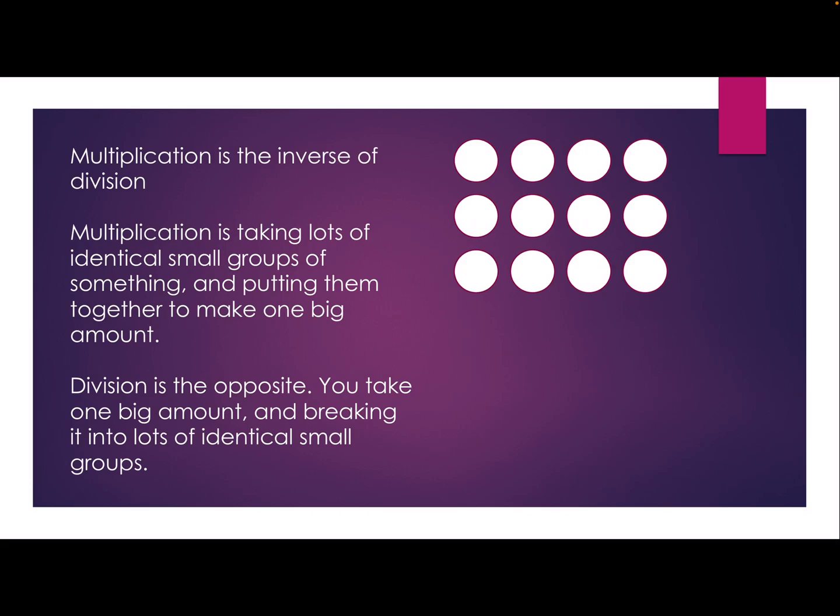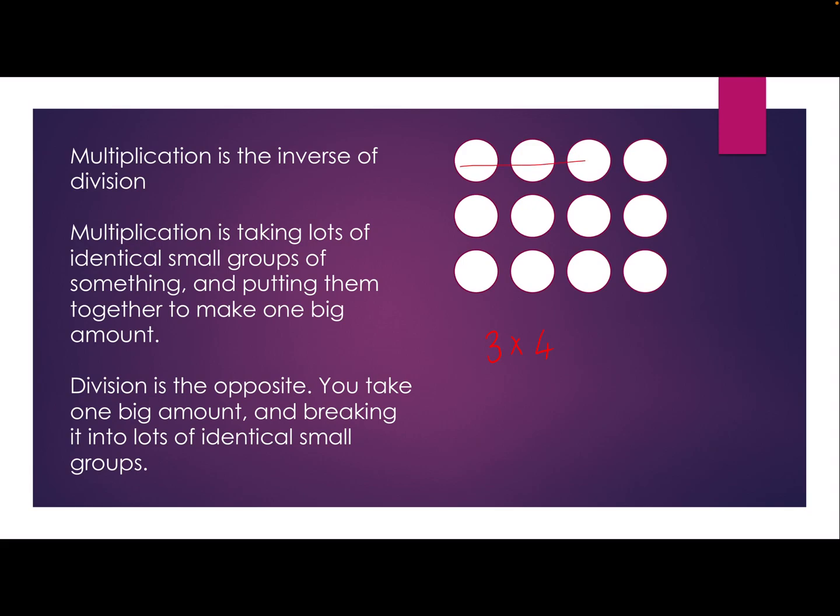So multiplication is the inverse of division. It's doing division backwards. Multiplication is taking lots of small groups of something and putting them together to make one big amount. What we've got here is a picture of 3 rows of 4 things.